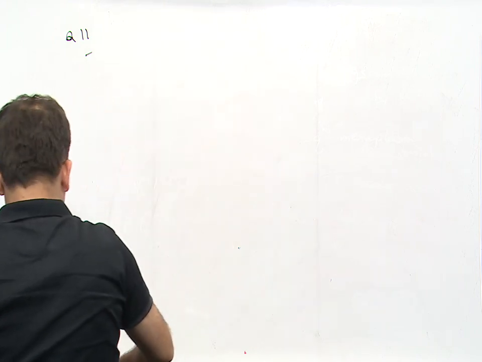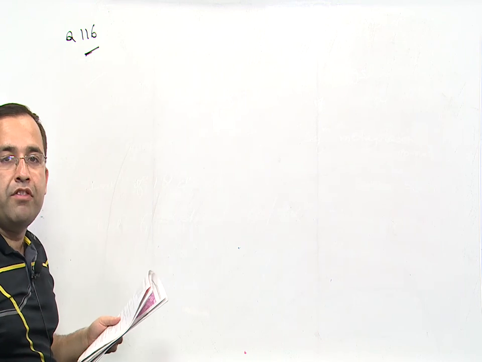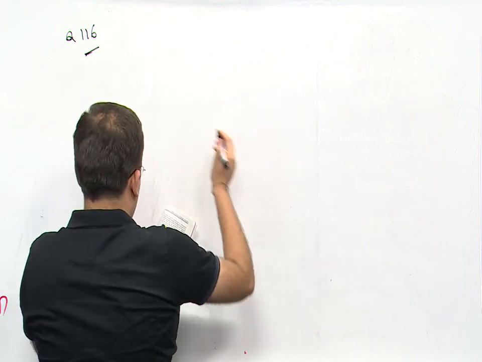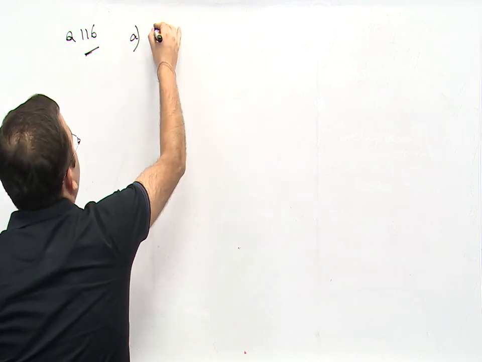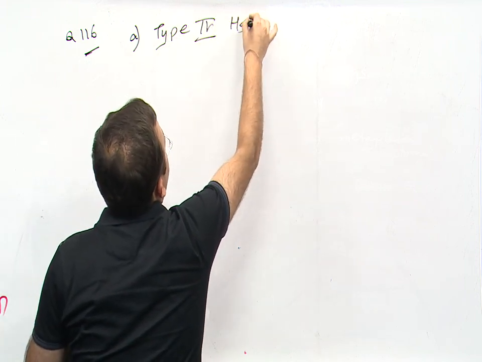Next, question 116. Chronic graft rejection, most common pathway. Answer is A, that is type 4 hypersensitivity.